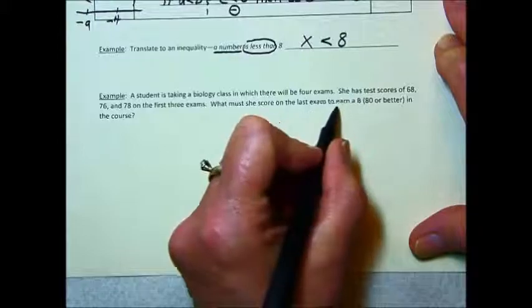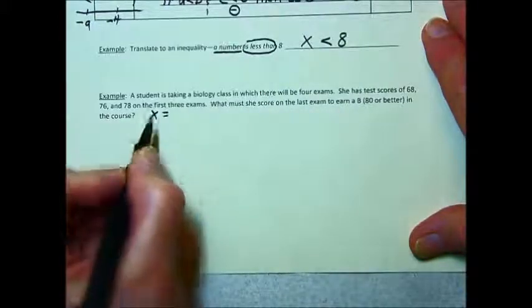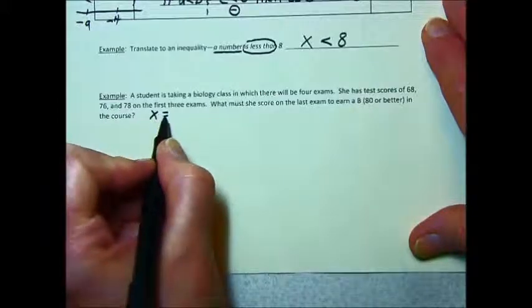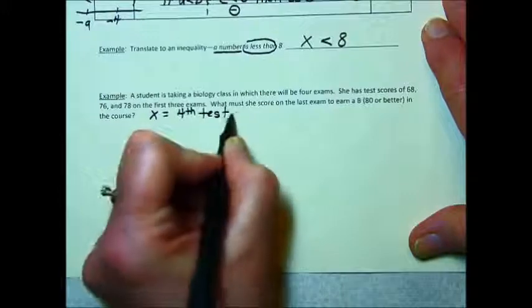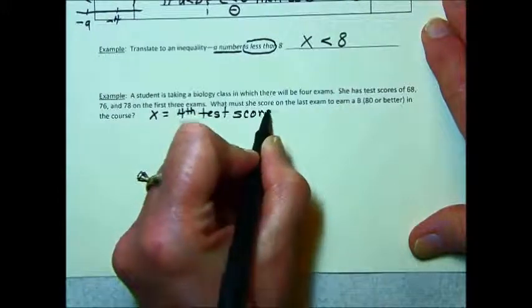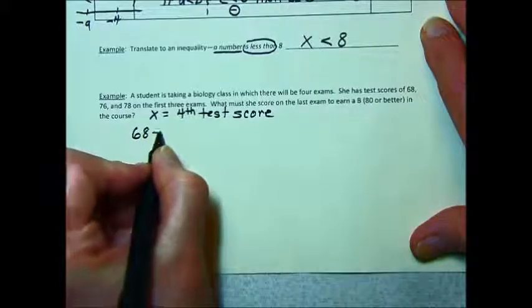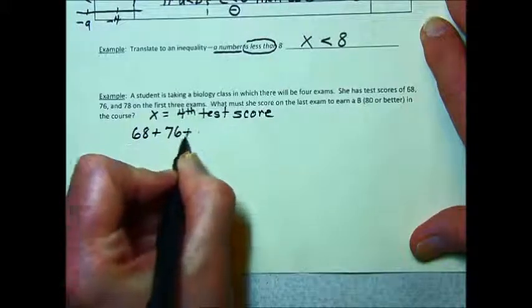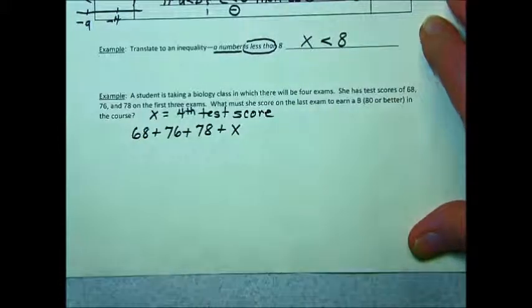We're asked what is that 4th test score, so I'll let that represent our unknown. So x is equal to the 4th test score, and think about how the grades are calculated. We would add up the 3 scores that we know plus that 4th unknown. How do you average?